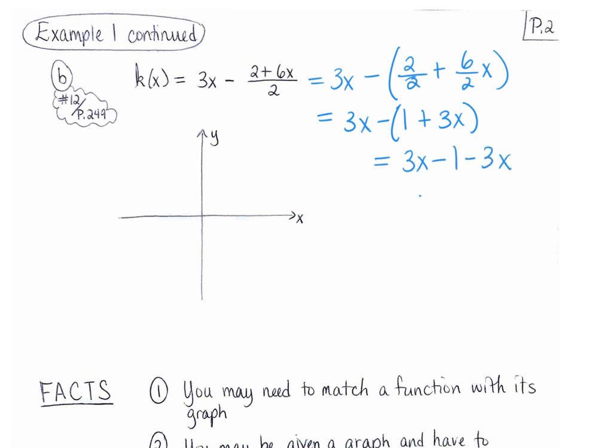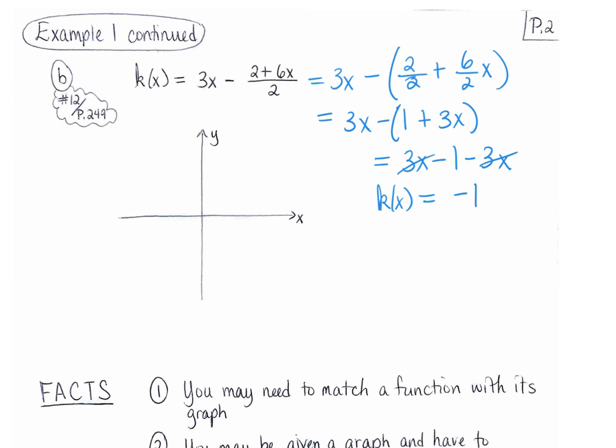Good. Now what happens? Combine like terms. So what cancels? 3x is canceled, leaving us with negative 1. So we have k of x equals negative 1, which is really the same thing as y equals negative 1.